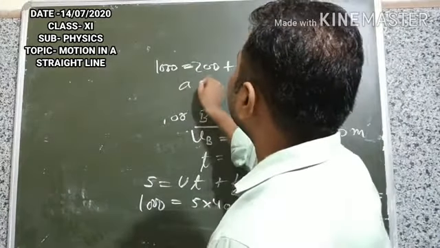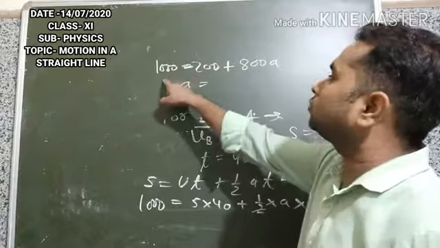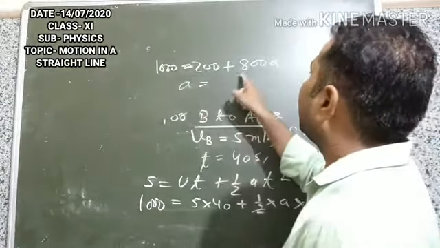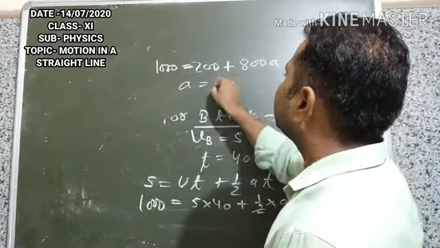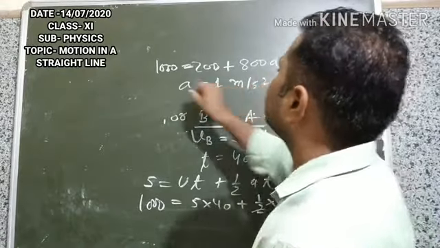So finally a equals, 200 goes to the left side, becomes 800, and 800 by 800 is 1 meter per second square.